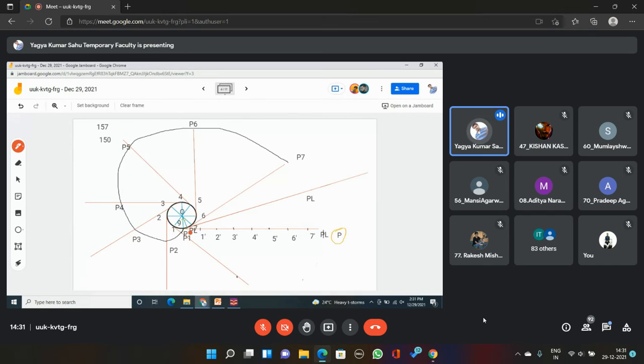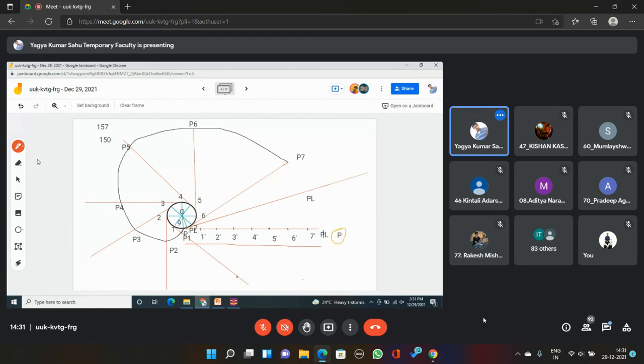So with center PL, the curve will start from P7. And what about the radius? What should the radius be? The length of the string, which is given as 150. That is nothing but P to L.